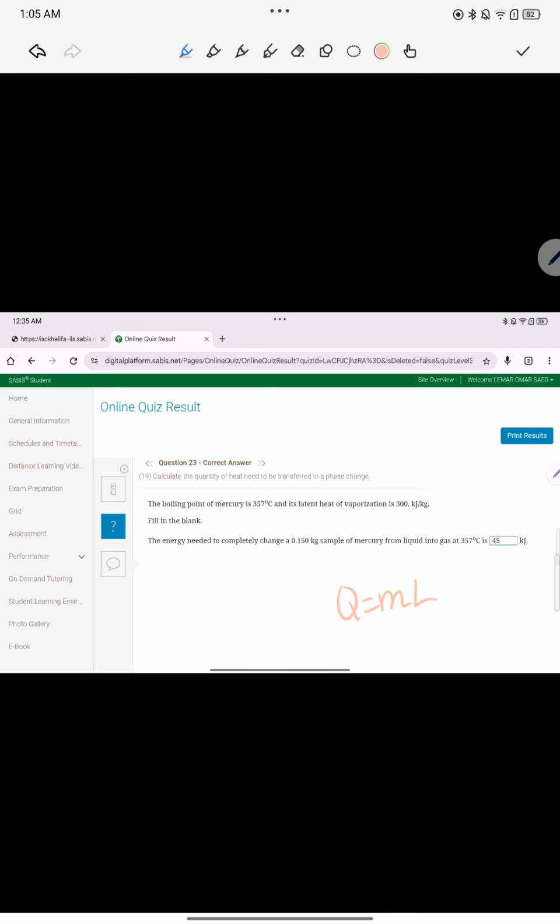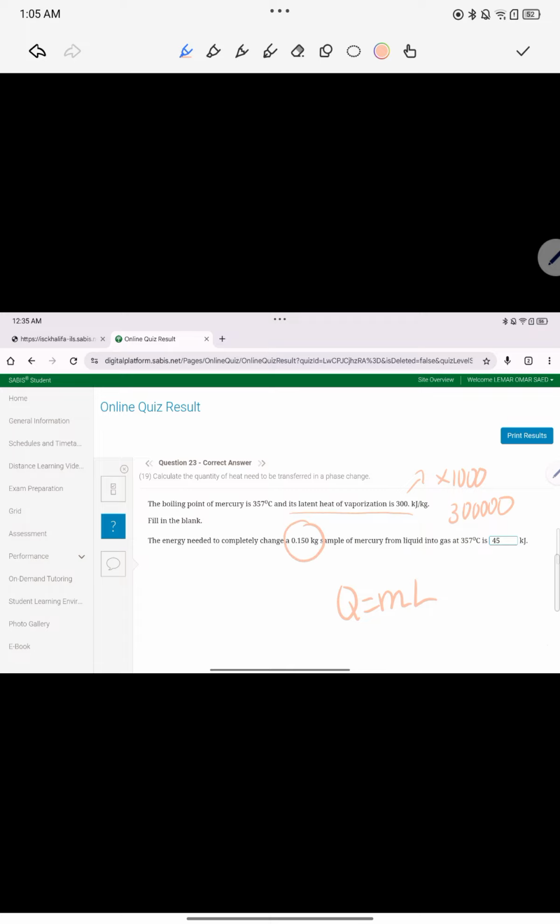So here they already gave you the latent heat of vaporization. It's in kilojoules, so you have to make it to joules. So multiply by 1,000. It will be 300,000. Yeah, 300,000.